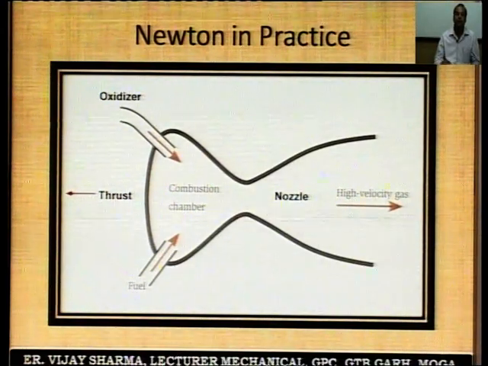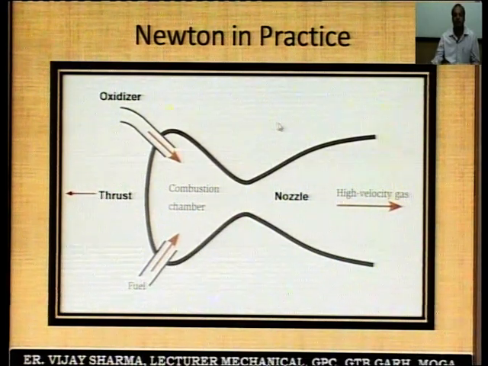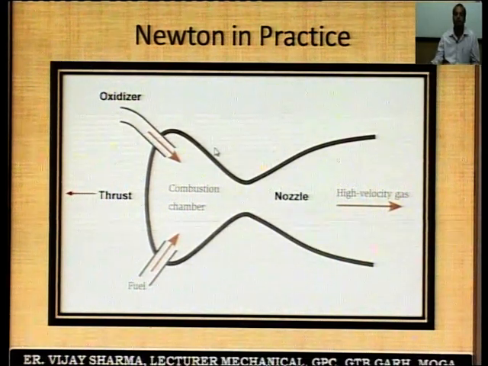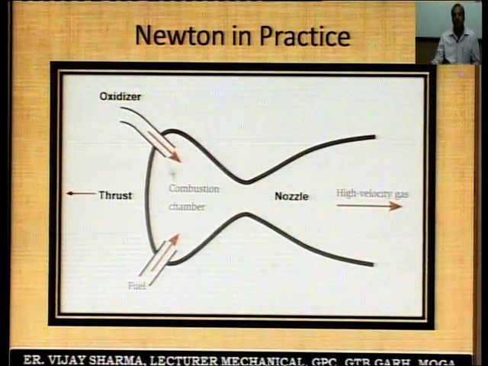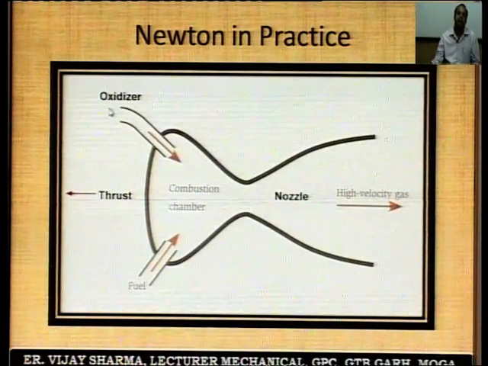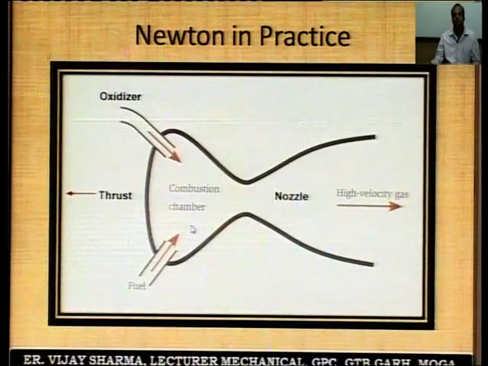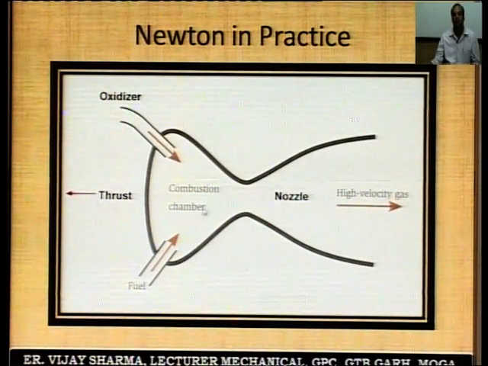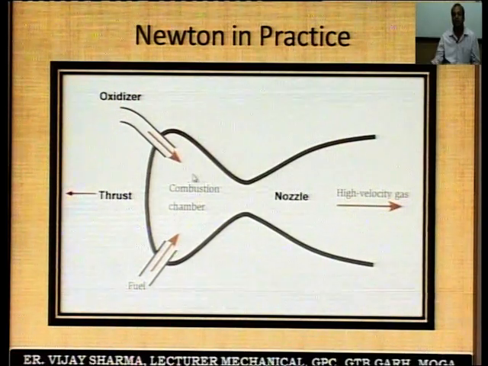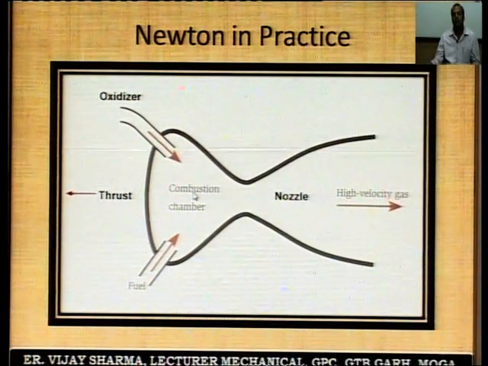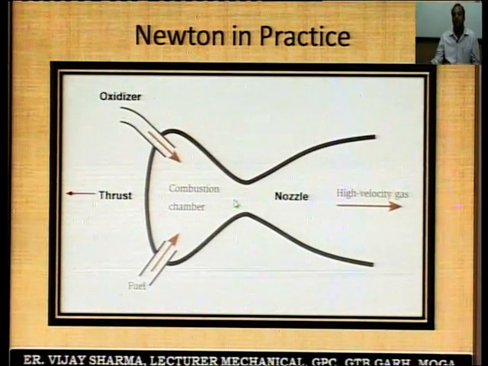Newton's laws in practice. This is a small diagram by which we can understand Newton's third law. Here is the oxidizer. Oxidizer, the oxygen, comes from this nozzle and fuel comes from this nozzle. When the oxidation process is initiated in this chamber, called the combustion chamber, flue gas is produced in this chamber, and there is a venturi in the system.